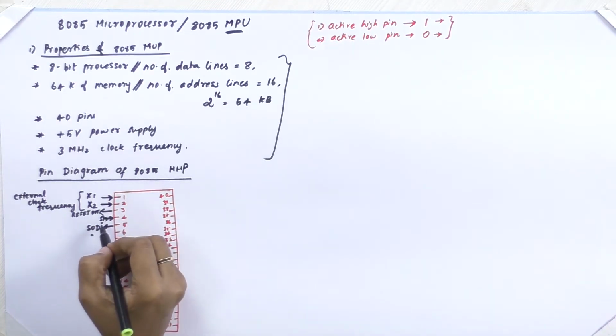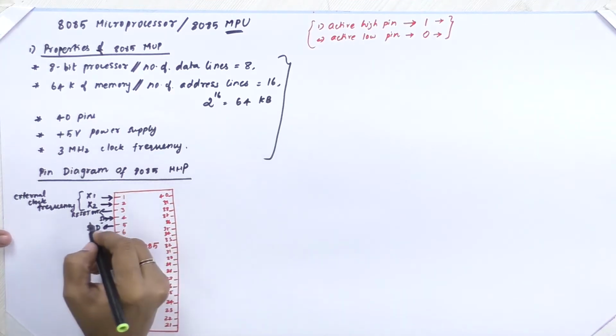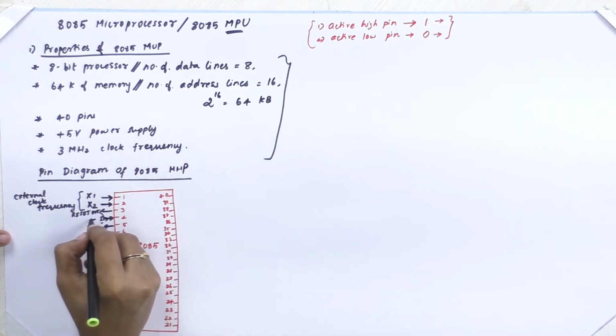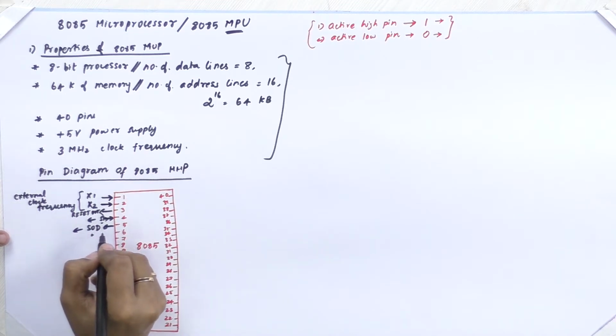SID refers to serial input data and SOD refers to serial output data.